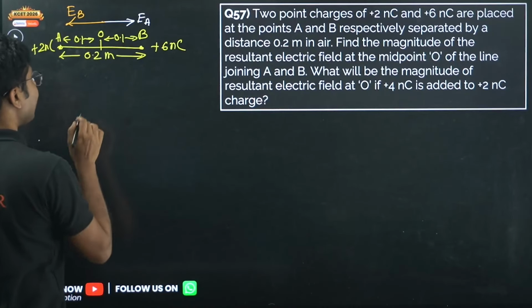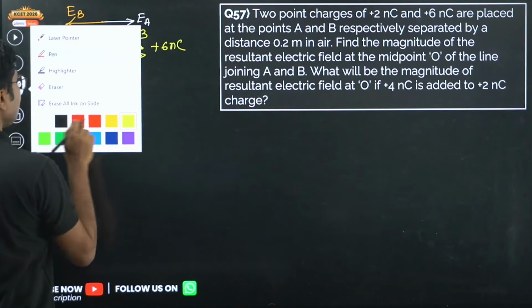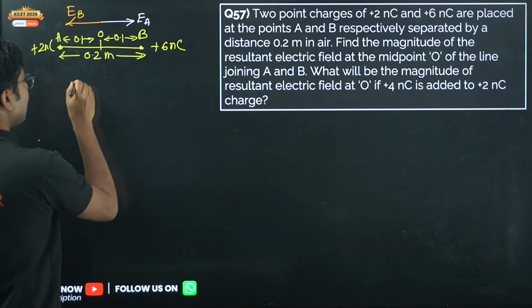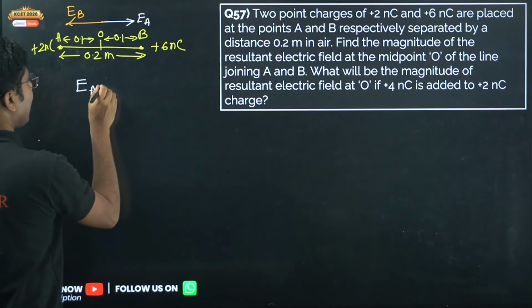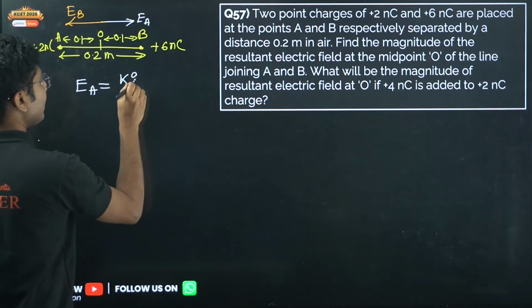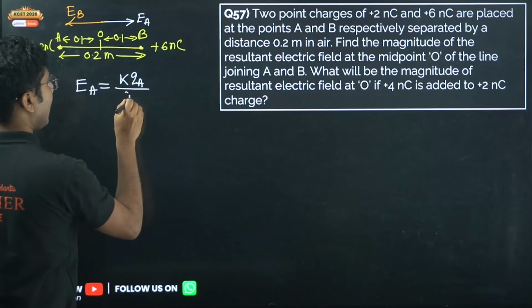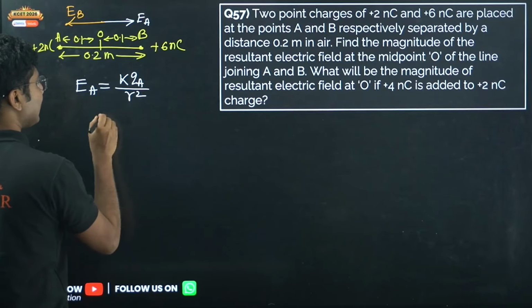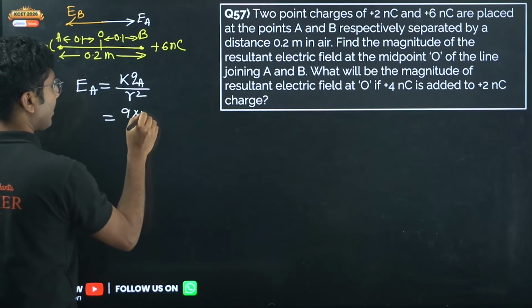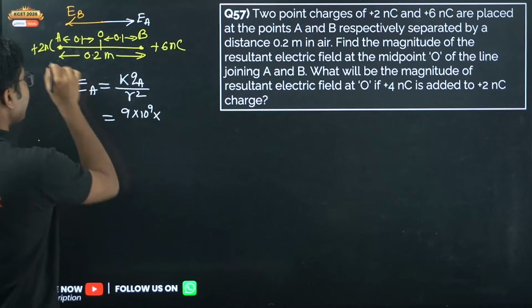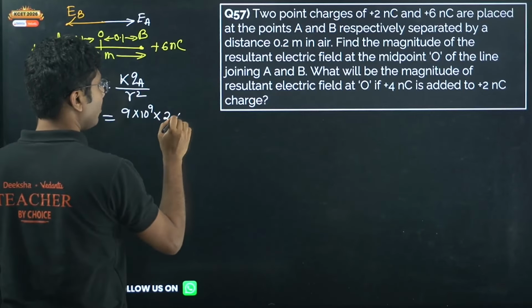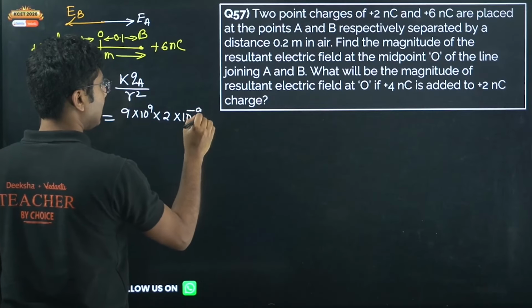Clear? So first let us find what is EA. We will calculate EA first. So EA is given by K into QA by R square. What is K? K is 9 into 10 to the power of 9. QA is 2 nanocoulomb. Nano means 10 to the power of minus 9.